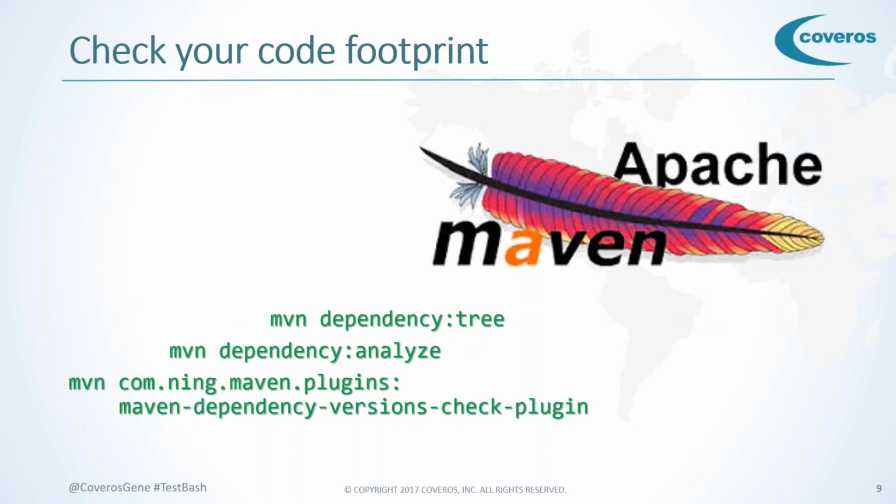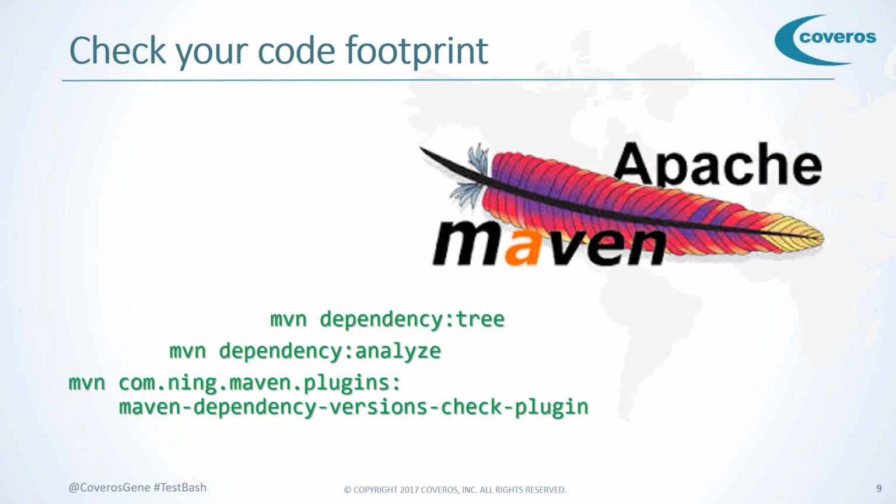First thing we want to do is look at our code footprint. Look at the code we have, the libraries we're using, what we're pulling in, and just get rid of the stuff we're not using, right? It's a lot easier to start ensuring quality and securing a smaller code base than a bigger code base.